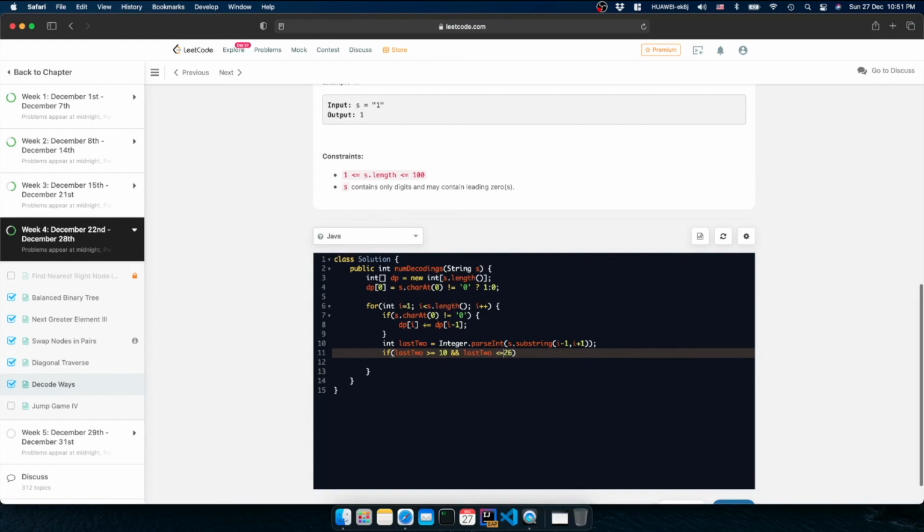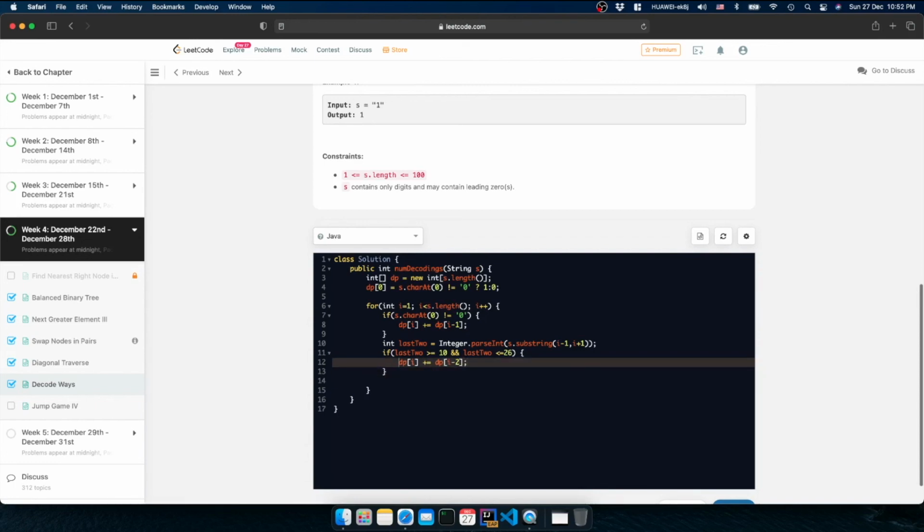Or less, not less than equal to 26. Then in that case dp i will be, we'll consider dp i minus 2 as well, right?